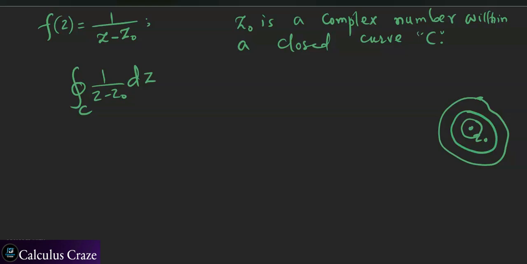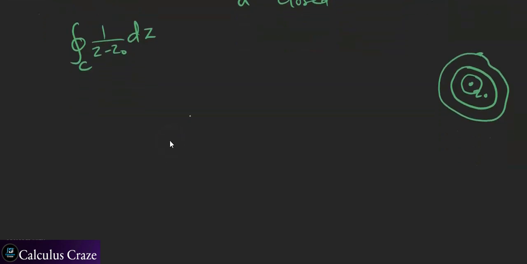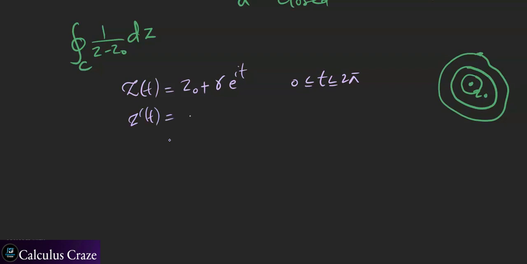Let me consider z of t to be z naught plus r e to the iota t, where t is running between 0 to 2 pi. So this is the equation of a circle centered at z naught with radius r. What do I need more? I need the derivative of z of t, which is r iota e to the iota t.